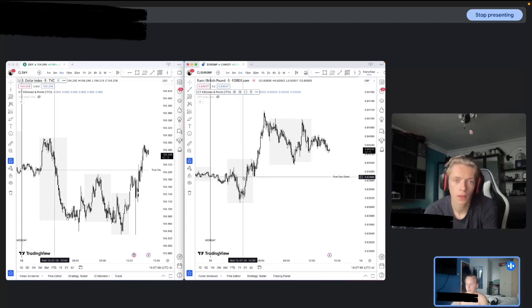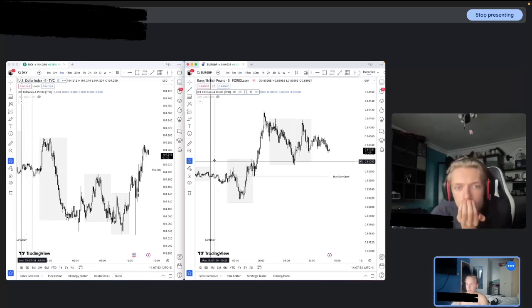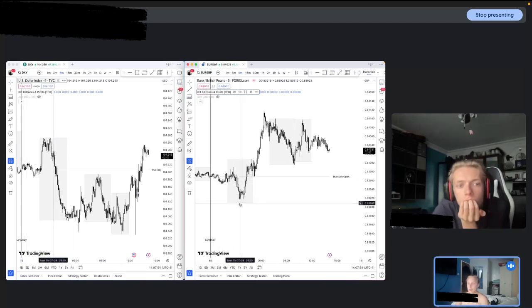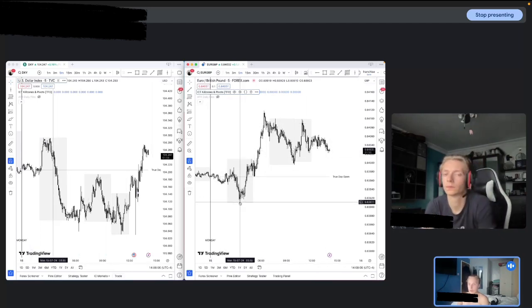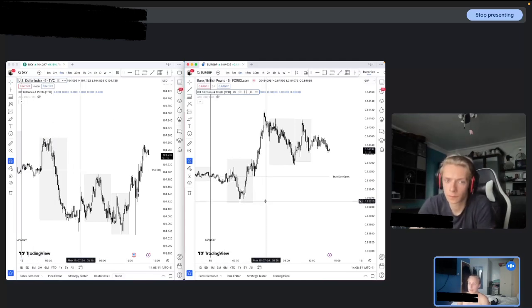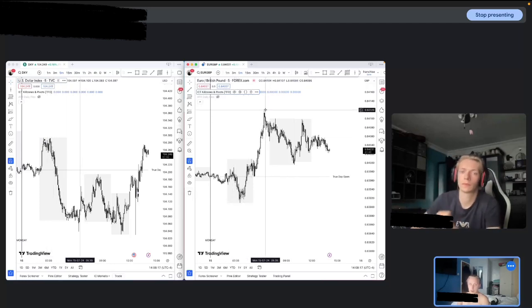So if we know that EUR/GBP is open low, what can we then expect? Well, it's in front of us. Open low, high, close, right? So when we're here and we've seen this, it's telling us that euro against the pound is going to be bullish, right?